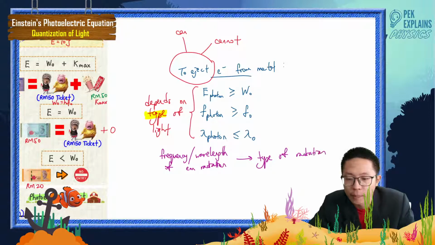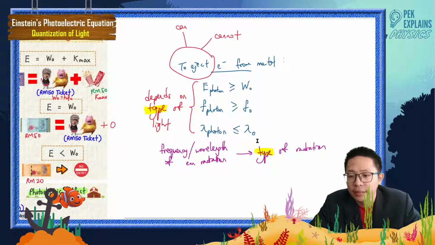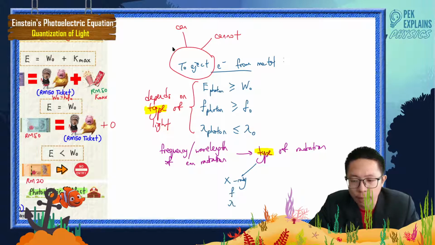The type, because different frequency, different wavelength, different type. Example I already mentioned in the previous video. Like for example, compare X-ray and radio wave. What can you say about their?